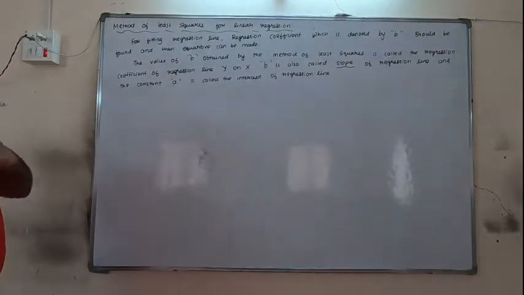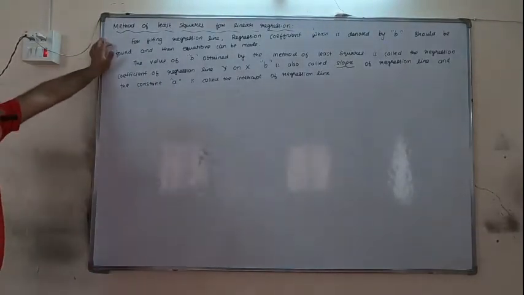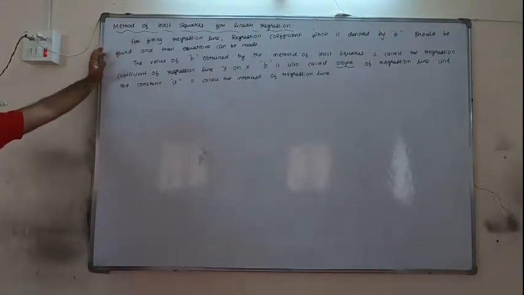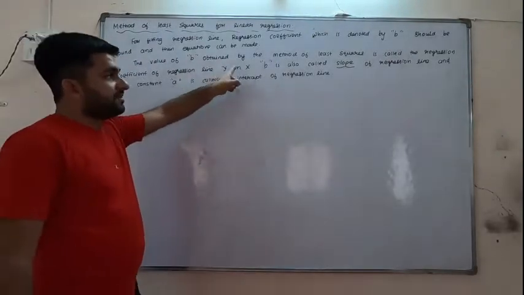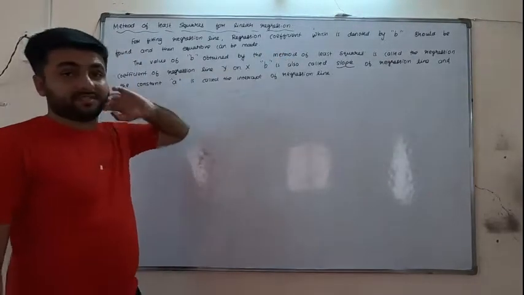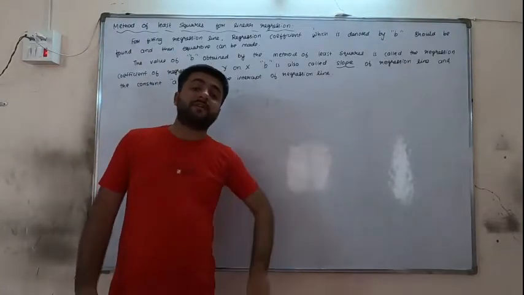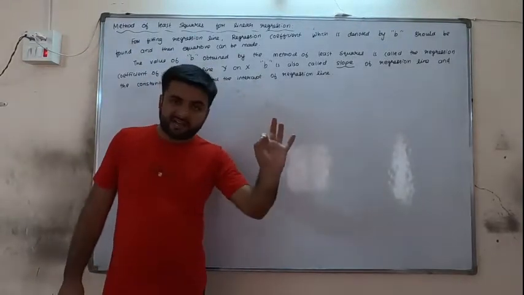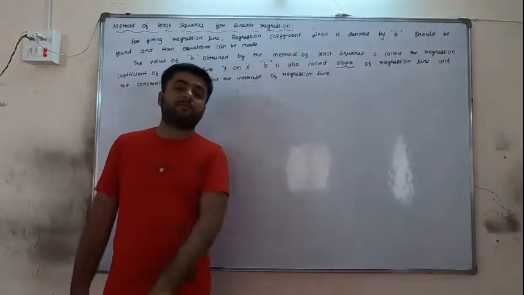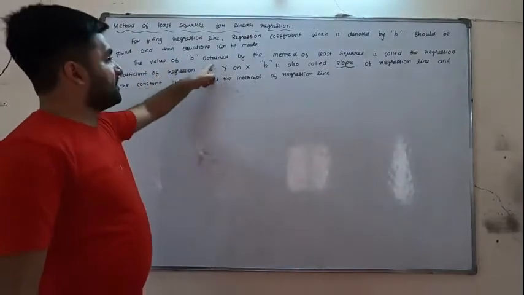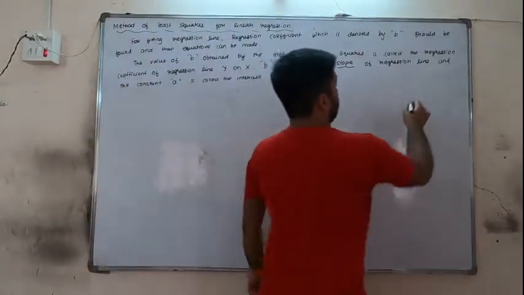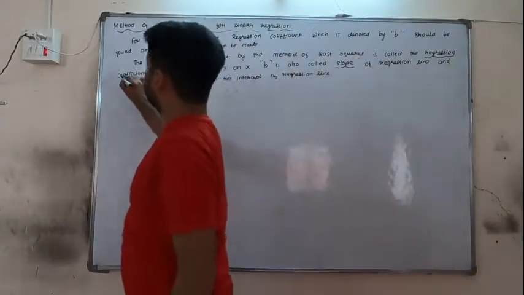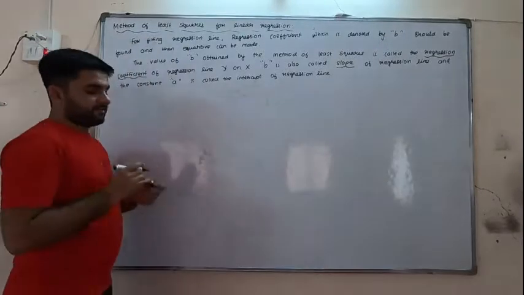So before starting the formulas, we have some knowledge about two variables, a and b. For fitting a regression line, the regression coefficient b should be found, and then equations can be made. In chapter 2 we had the correlation coefficient r; here we have the regression coefficient b. The value of b obtained by the method of least squares is called the regression coefficient of regression line y on x.